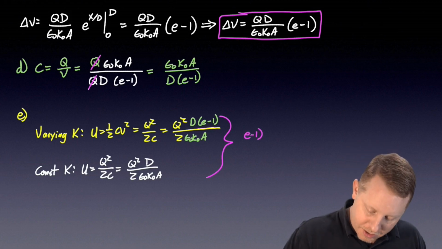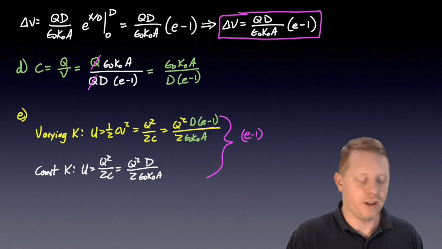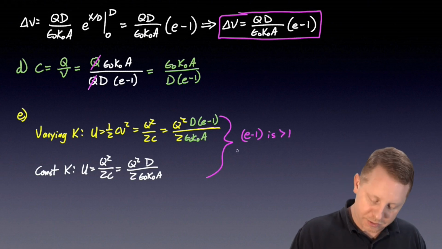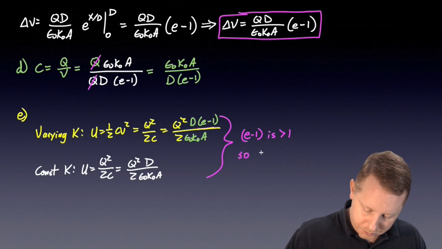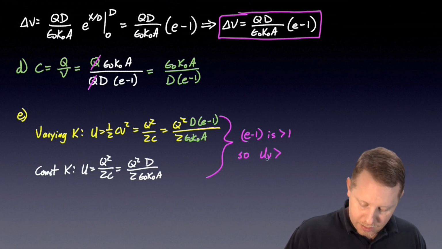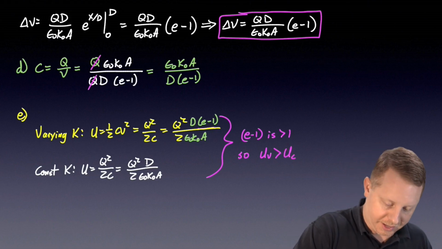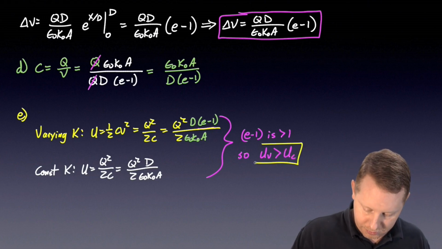And since E minus 1 is greater than 1, that means this one must be bigger, so the potential energy stored in our new capacitor is greater than that stored in our standard capacitor.